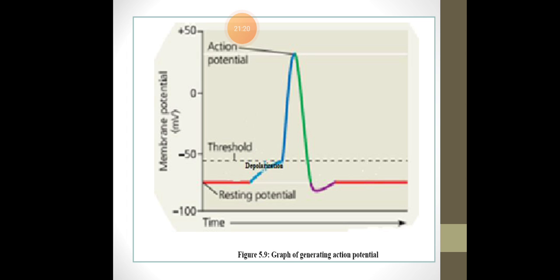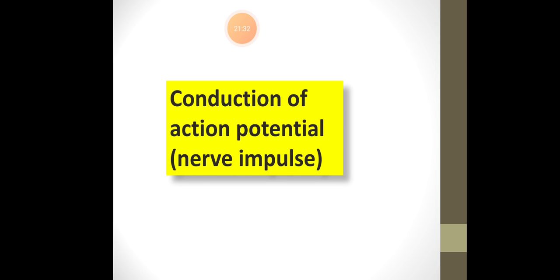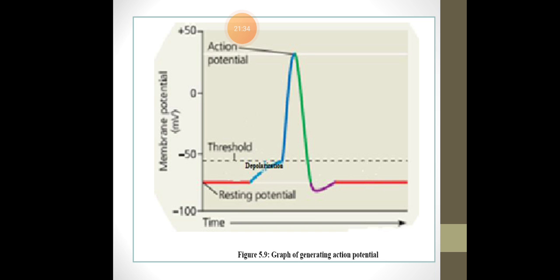A series of action potentials that move along an axon is defined as a nerve impulse. So what is a nerve impulse? Here we can see the resting potential, and this is a graph of membrane potential against time. At the start you can't see any nerve impulse transmission.